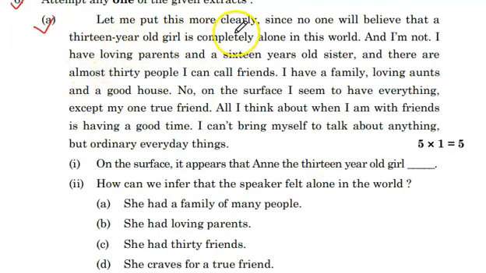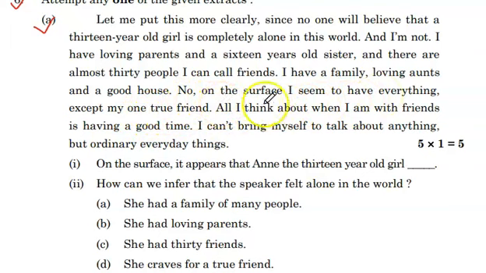Let me put this more clearly. Since no one will believe that a 13-year-old girl is completely alone in this world, and I'm not. I have loving parents and a 16-year-old sister, and there are almost 30 people I can call friends. I have a family, loving aunts, and a good house.